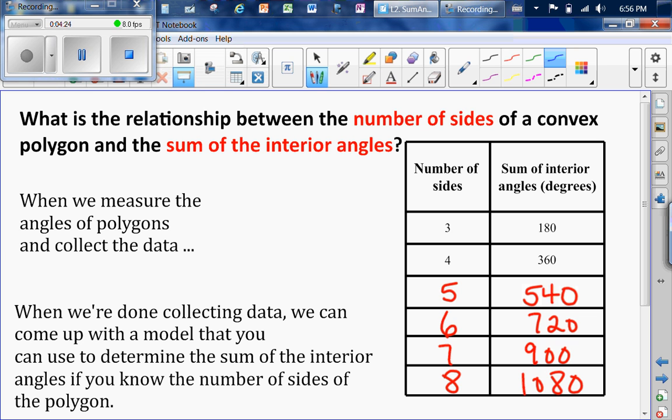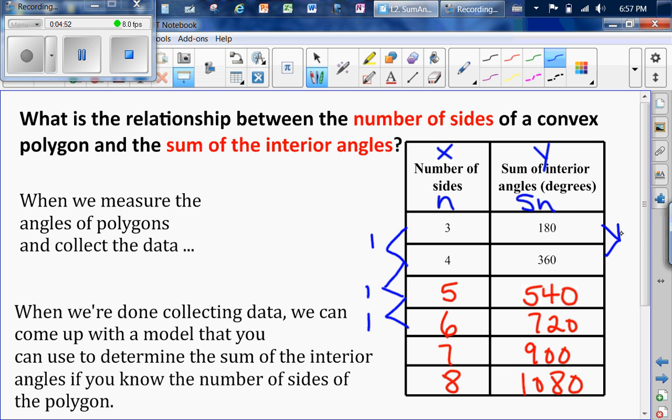What I do want to look at, if you think back to the other units we've been doing, is that our x, or let's call it our n for number of sides, is going up by 1s. And our y, or sum of the interior angles, how much is this going up by?